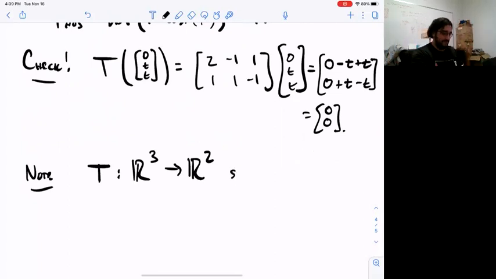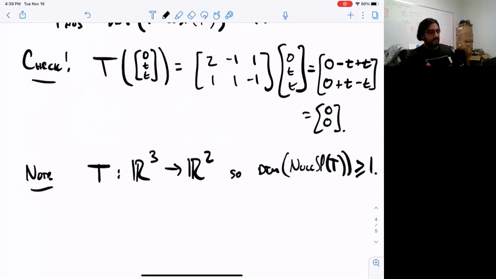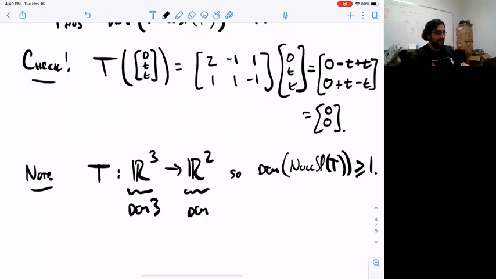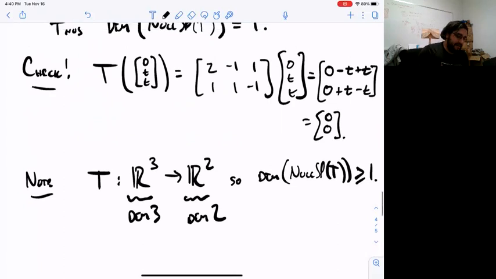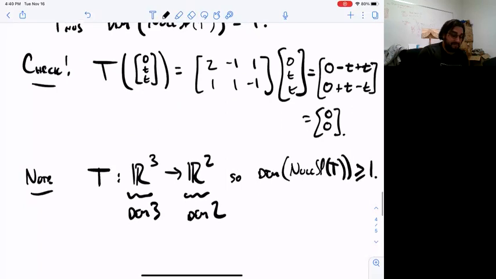So the dimension of the null space of T had to be at least 1, because we were taking a dimension 3 space and then sort of crushing it down into a two-dimensional space. So lots and lots of points had to get sent to the same point, and in particular, lots of points had to get sent to 0 because it was a linear transformation. So that's why this null space had to be kind of big. So that's an example where there sort of had to be a null space there.